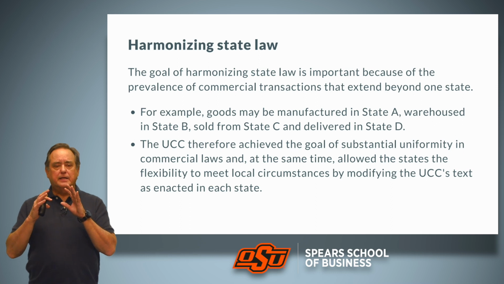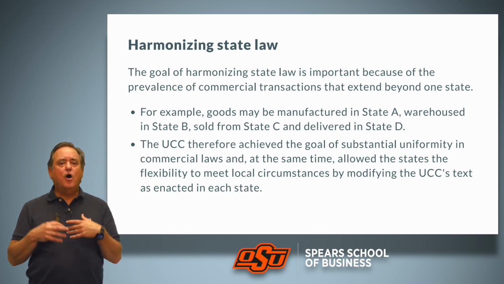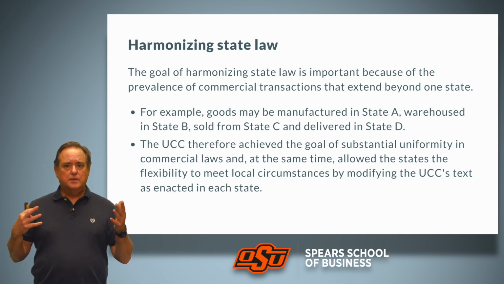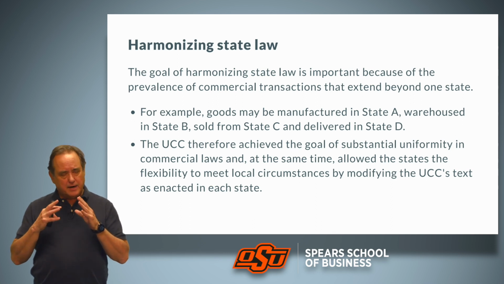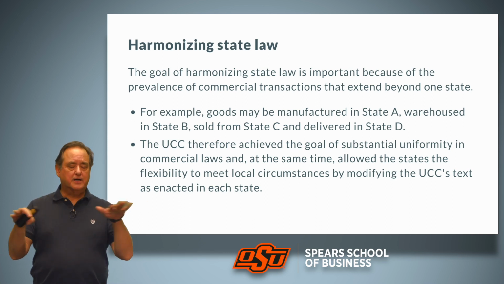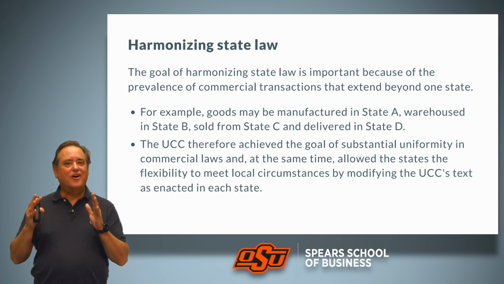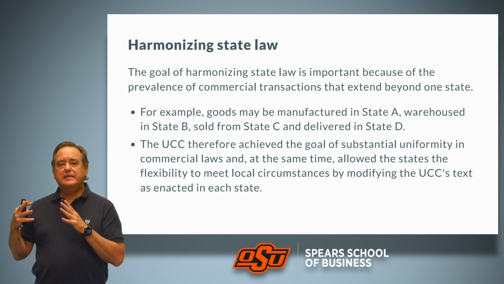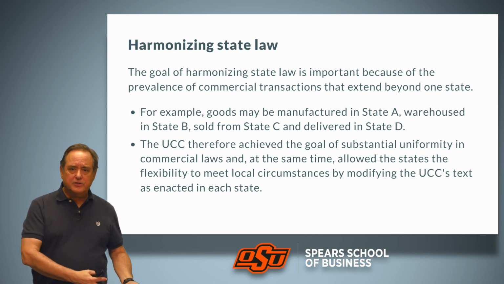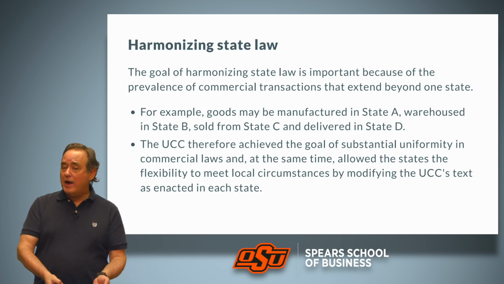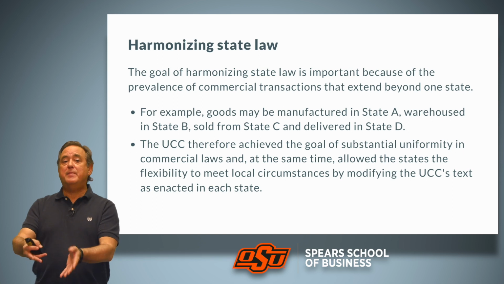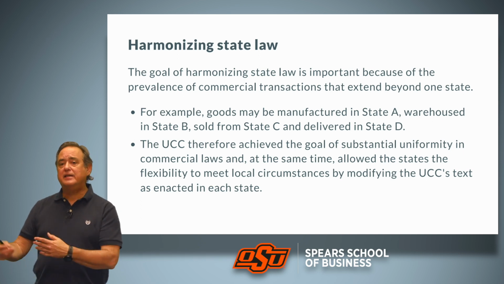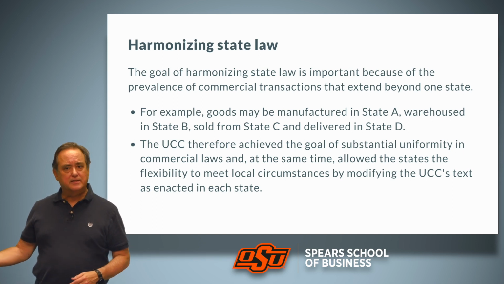The UCC harmonized sales law. Why? Because it allowed goods to be manufactured in one state, warehoused in another state, then sold from yet another state and delivered to another state.